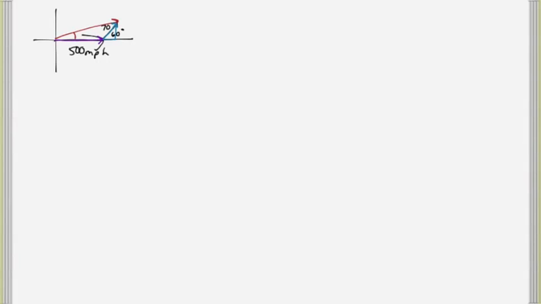The hypotenuse is 70. How would I find the horizontal component here? I'm going to need a cosine. Yeah. So cosine of 60 is adjacent over hypotenuse, so that x is going to be 70 cosine of 60.